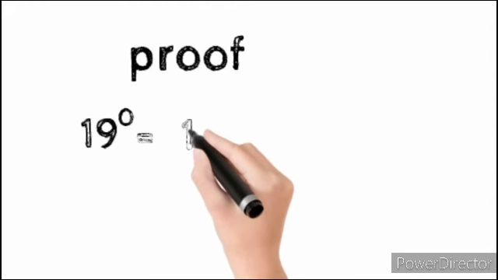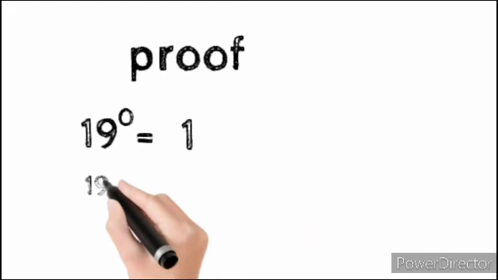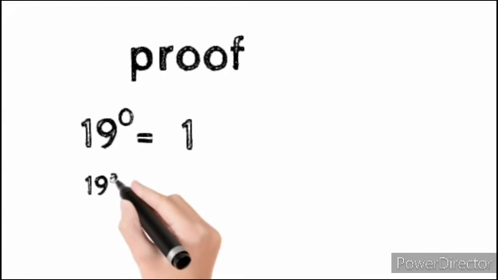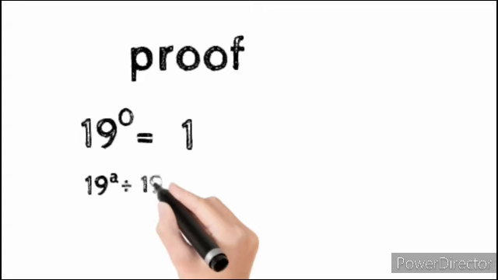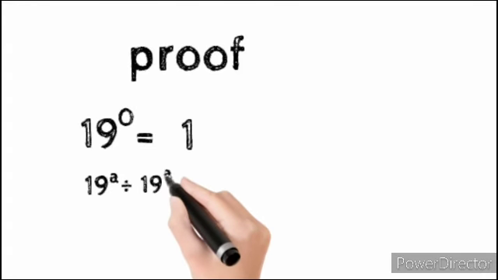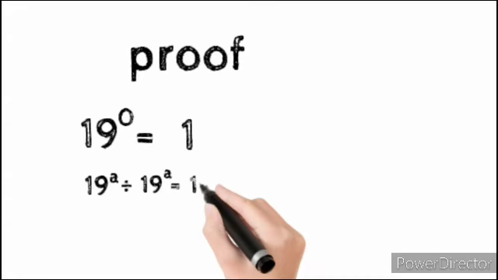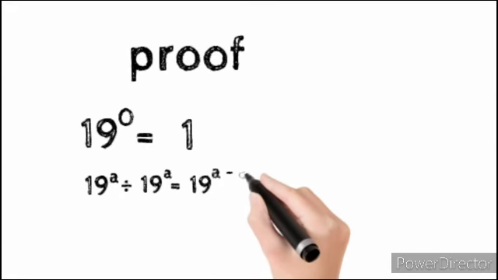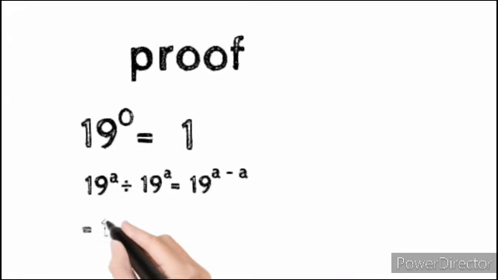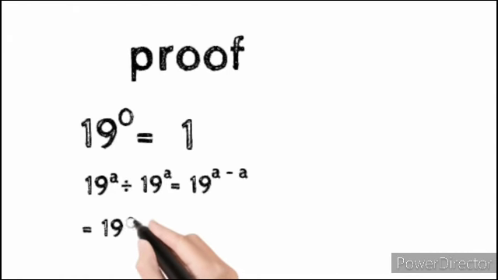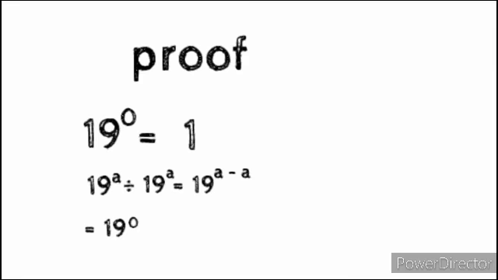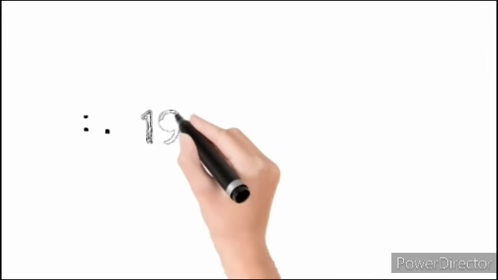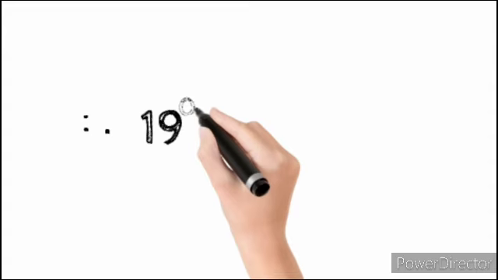Power a minus a is 0. That is 19 raised to power 0. Now, 19a divided by 19a equals 1. This tells us that the numerator and the denominator are equal.